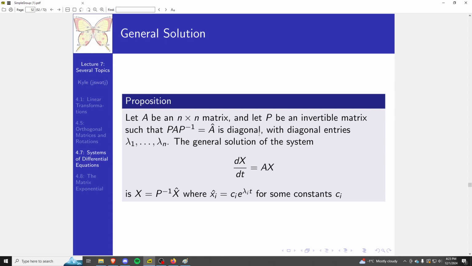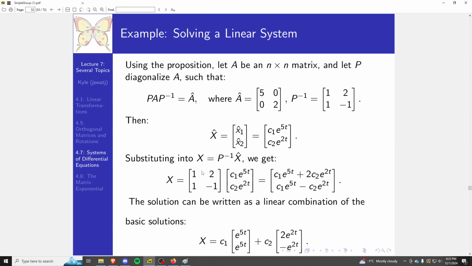So yeah, the main idea is that we want to construct x hat and then multiply it with P inverse. And we will recover the solutions to it. And I'll give an example here. So if we use the proposition and let P diagonalize A, and then let's say that our A hat here, which is a product, is 5, 0, 0, 2.